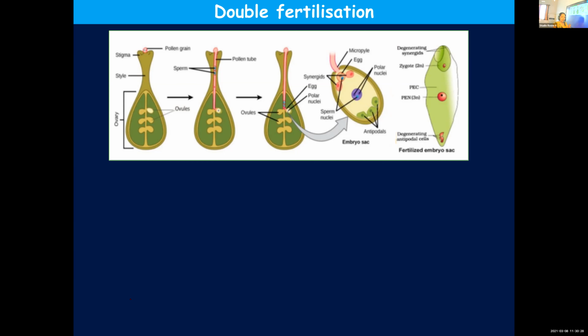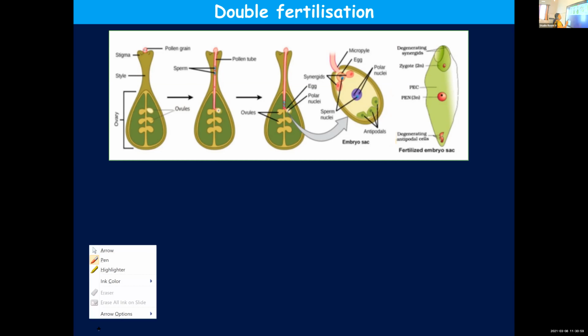The tube slowly grows towards the micropylar end, through the stigma and style, reaches the ovary, and enters the ovule through the micropylar end. Its entry is guided by the filiform apparatus, special cellular thickenings present on cells known as synergids. They enter the synergids, and from the synergids, one male gamete.